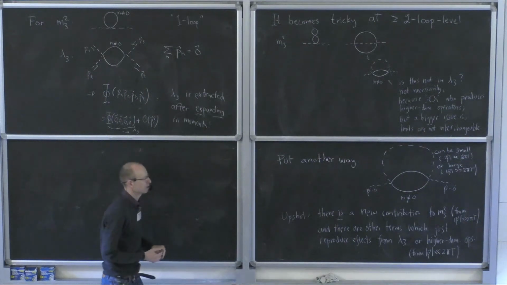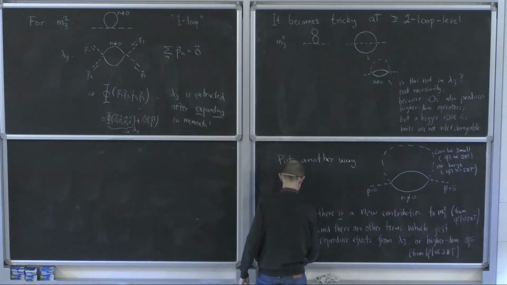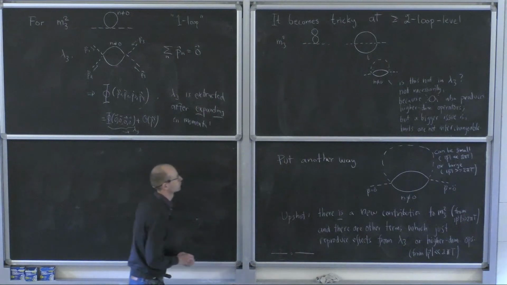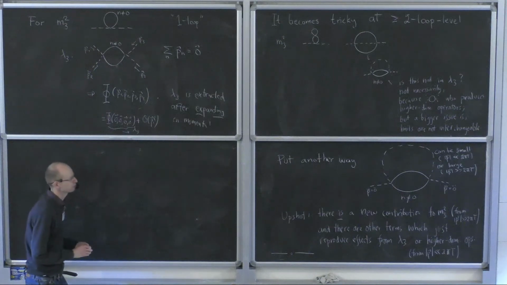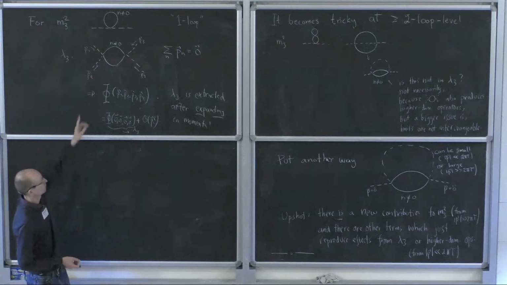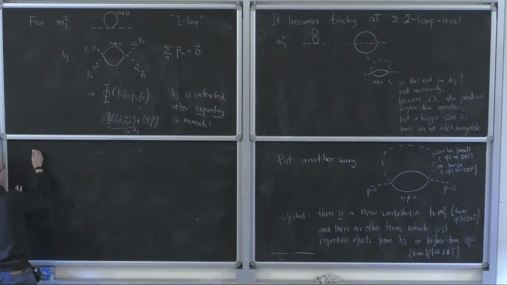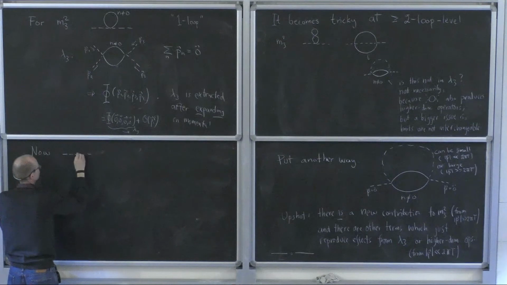Okay, so what I want to do next. So let's put here a small end of a subsection. What I want to do next is go back to the one loop, and I want to show how we compute that.